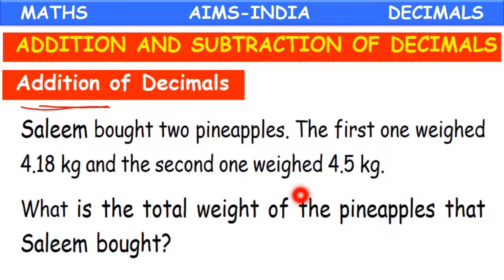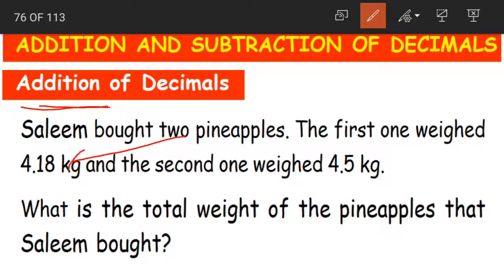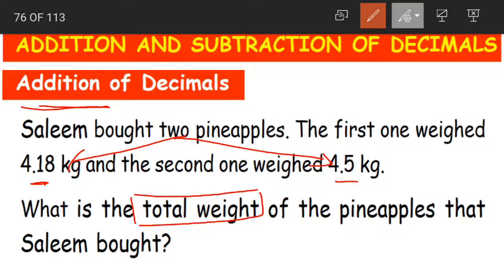Now this is a word problem, right children? Salim bought 2 pineapples. The first one's weight was 4.18 and the second one's weight was 4.5 kgs. Now we should find out the total weight.